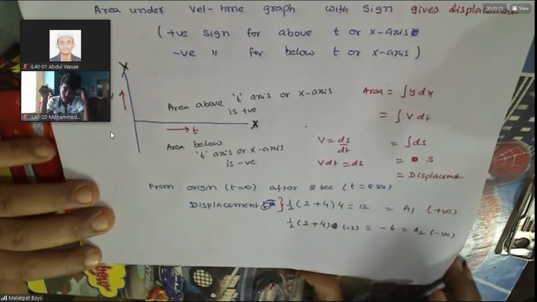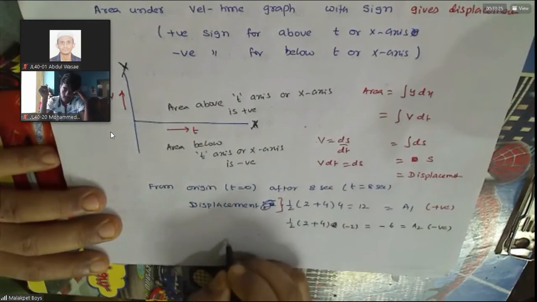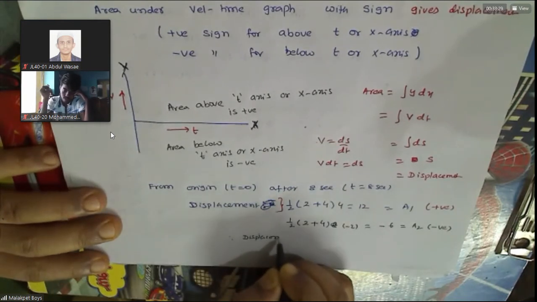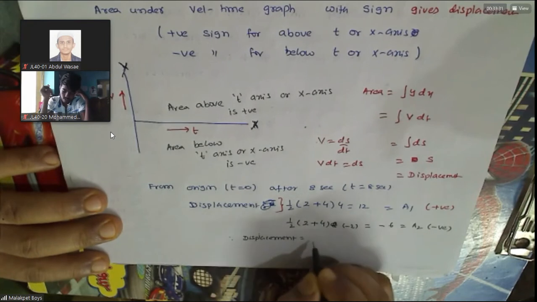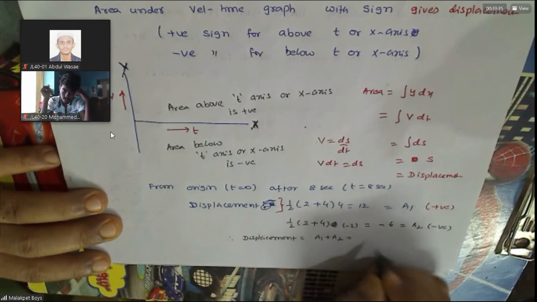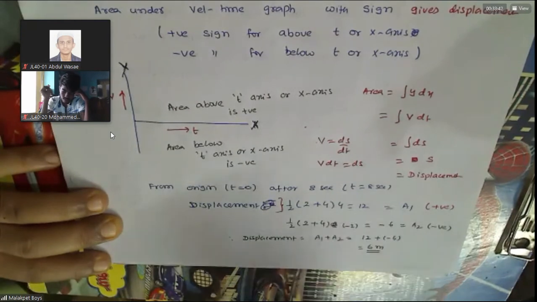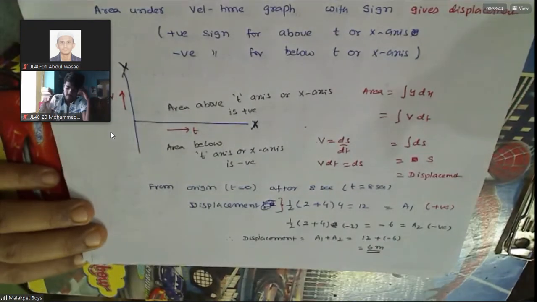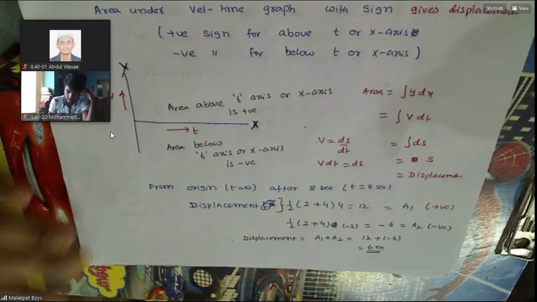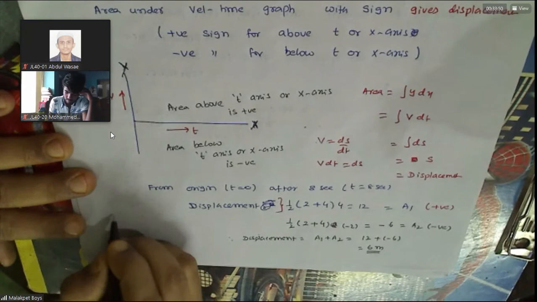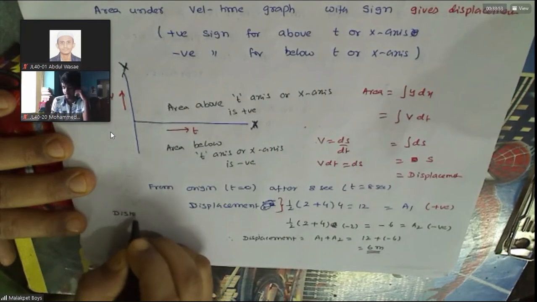So displacement means you consider the sign also. Therefore, displacement is the sum of these areas. That's all. That is nothing but 12 plus minus 6 meters. And if the question is asking distance, for distance we won't take the sign.